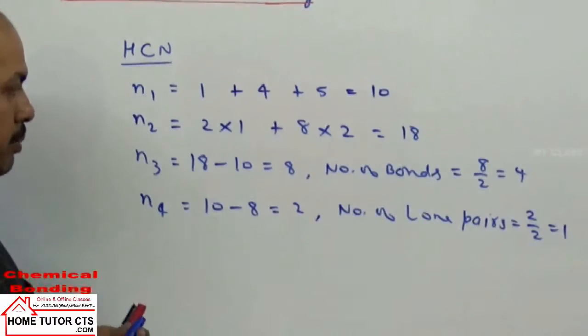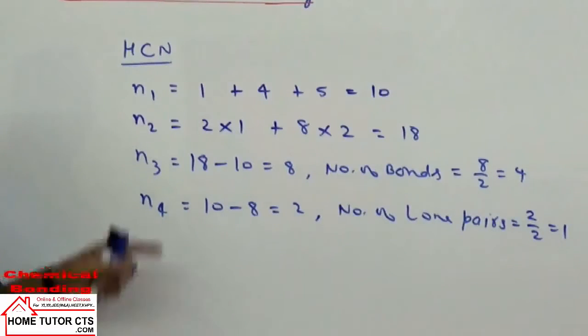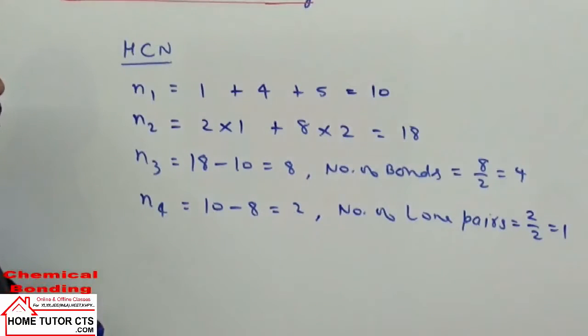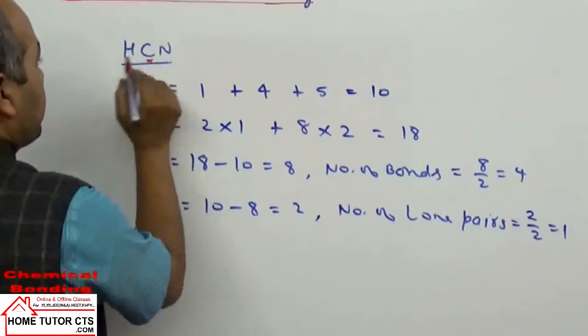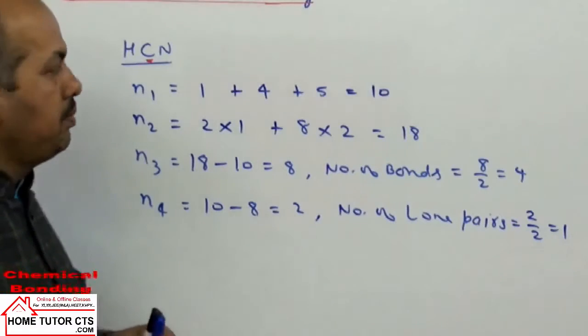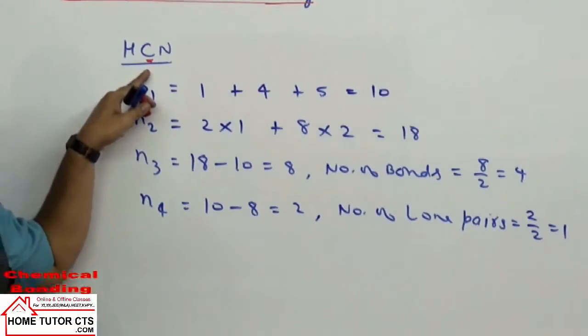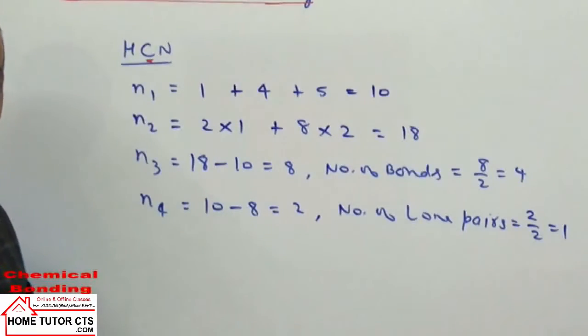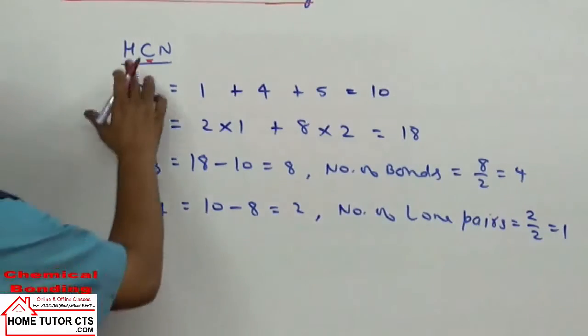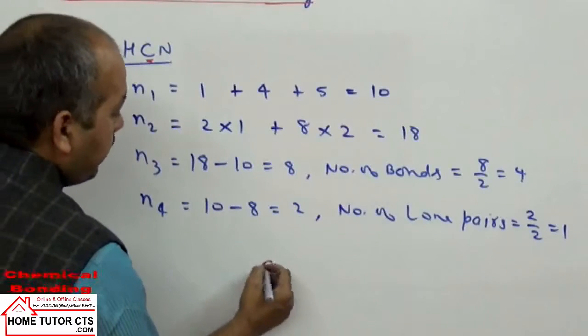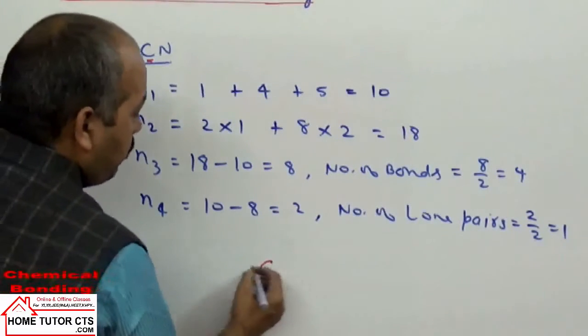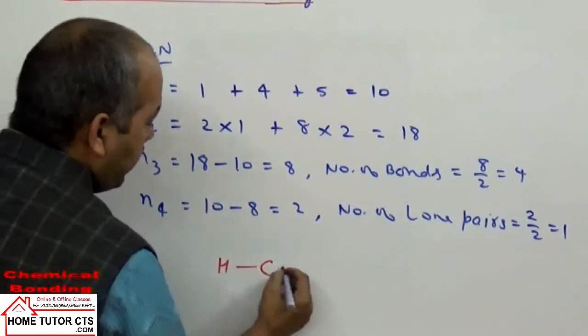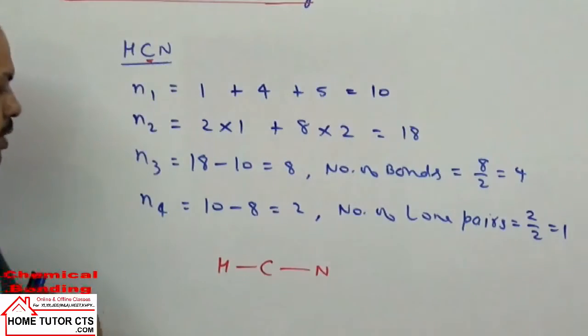After this determination, as per the common rule, carbon will be taken as the central atom because carbon is able to form more bonds easily than nitrogen. In HCN, carbon is the central atom, with one hydrogen atom and the other atom nitrogen.